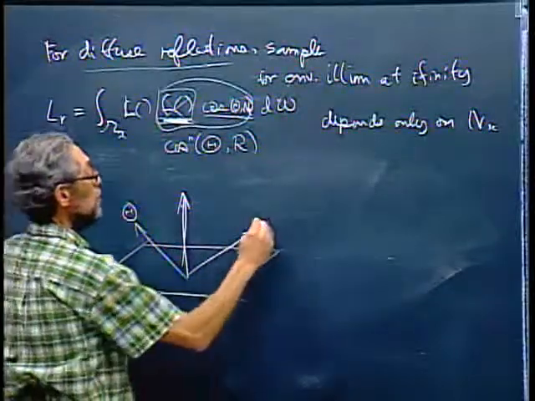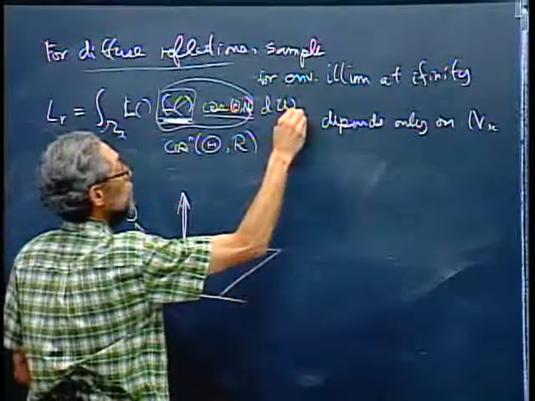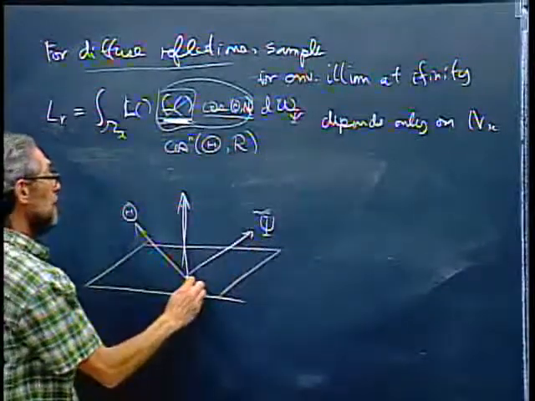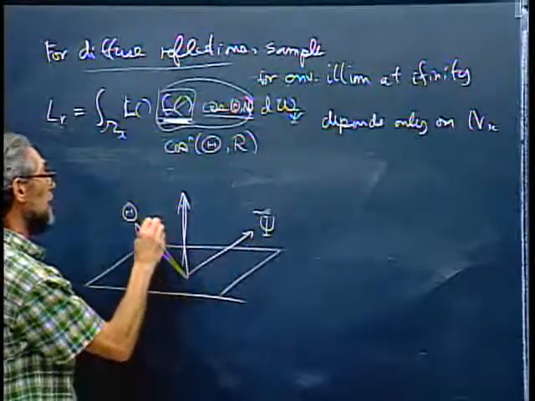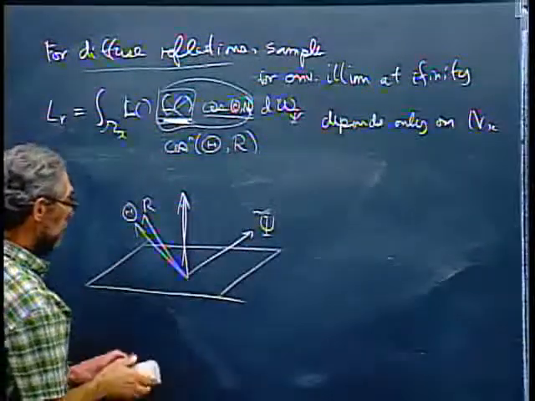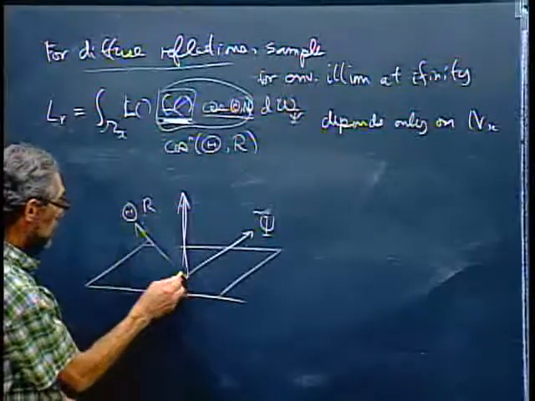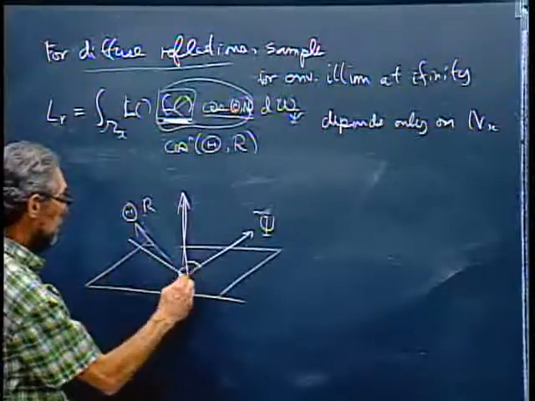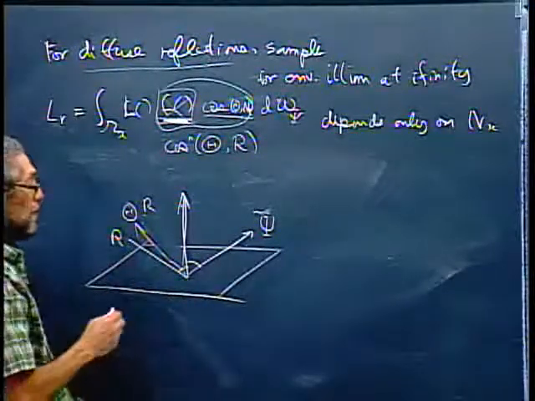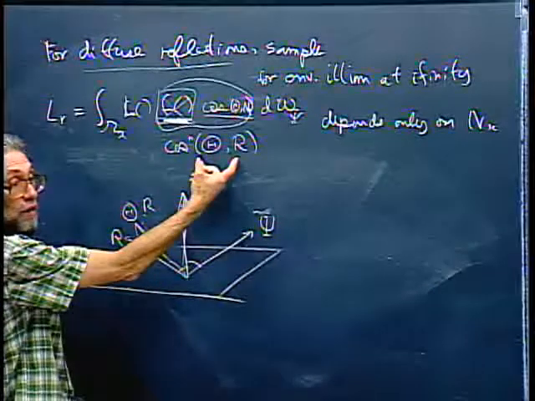Here is a particular incoming direction. What we're going to do is take the perfect mirror direction of that incoming direction, r. I didn't draw it very well, but maybe this angle equals that angle. Here is r. And this is the angle here, alpha, which we're taking the cosine of.